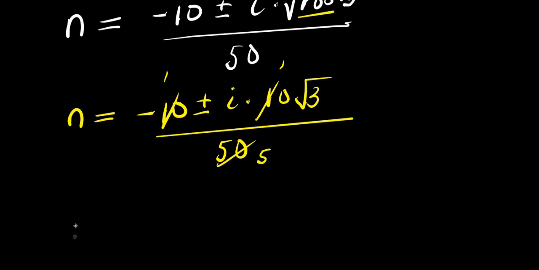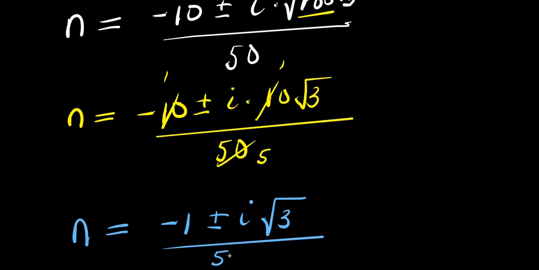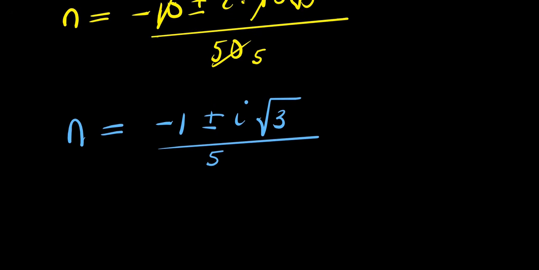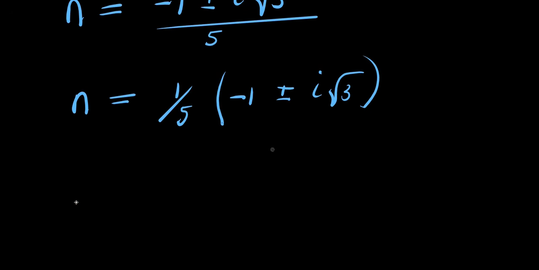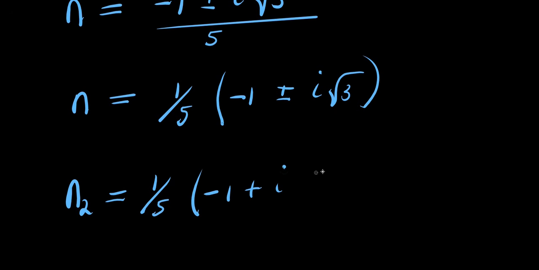So what we are going to have is n equals -1 plus or minus i times square root of 3 divided by 5. So from here, you can have n equals 1/5 times -1 plus or minus i root 3. We have two complex values for n, that is n2 equals 1/5 times -1 plus i root 3.